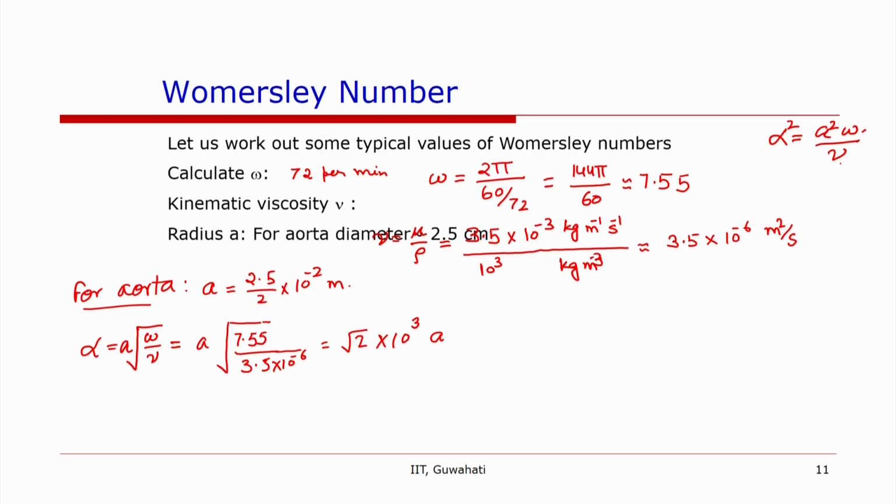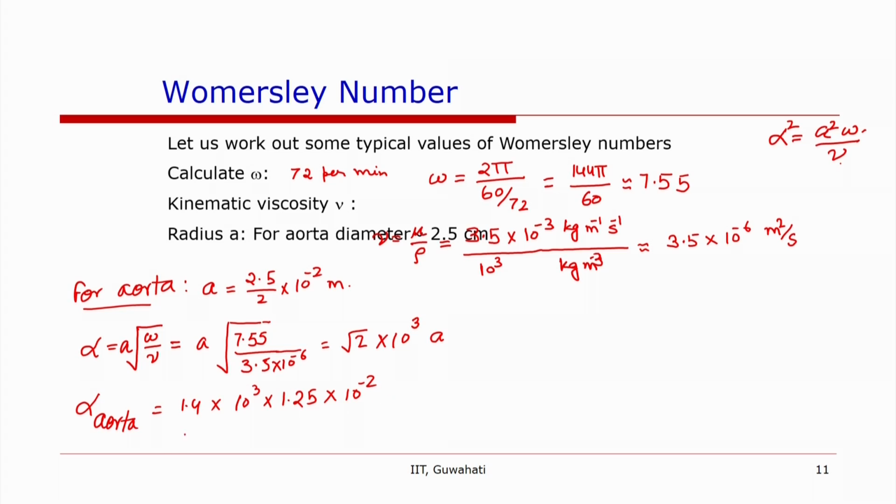So for aorta, this will be 1.4, which is about root 2 value, into 10 to the power 3 into 1.25, that is 2.5 divided by 2 into 10 to the power minus 2.